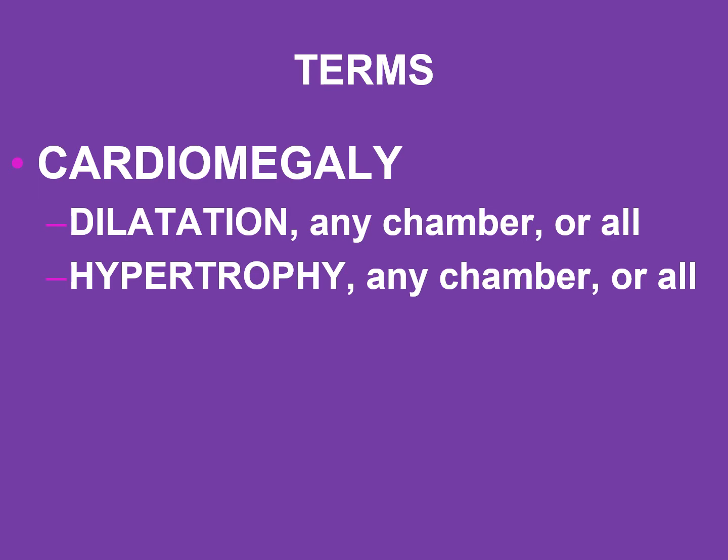So let's first discuss the terms. Cardiomegaly means a dilatation or a hypertrophy. A dilatation can be in any chamber or all, and hypertrophy is also in any chamber or all. In the pathophysiology of these conditions, the dilatation or hypertrophy would usually start in the left ventricle.